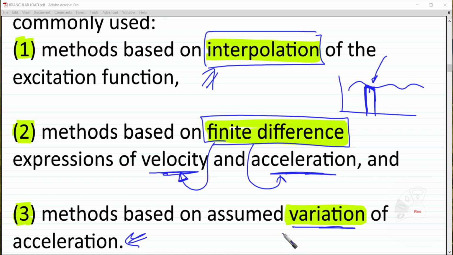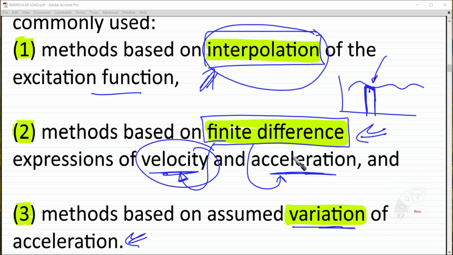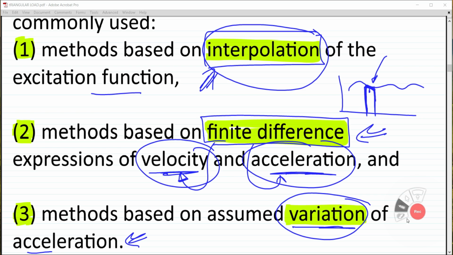So the first type is related to interpolation of the excitation function itself. The second is related to the finite difference for velocity and acceleration. And the third one is related to the variation of acceleration only. Okay, these are the three different types of methods that you're going to have.